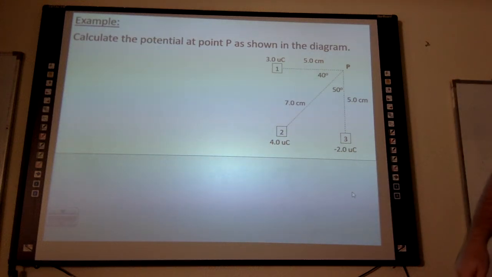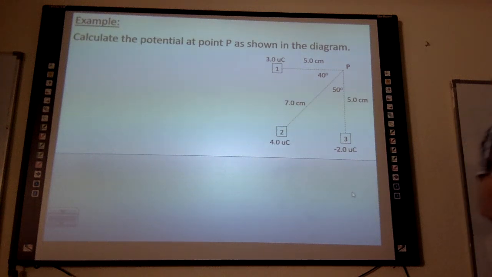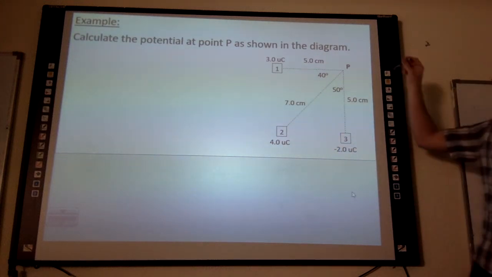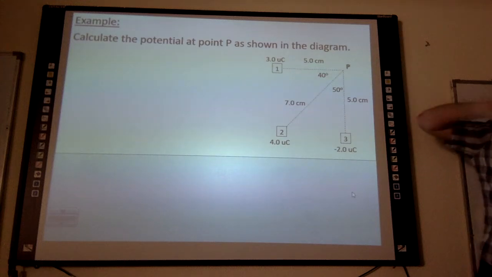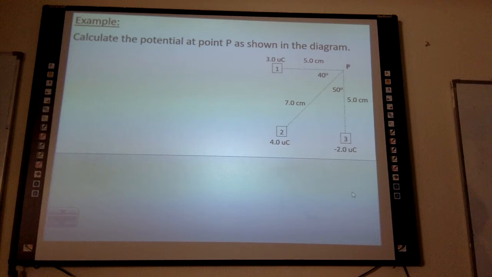Given this, always triangles, yep. Here is our diagram. I've got 3 charges, and I want to know what is the potential at point P. This is like asking what's the electric field strength, except now we're dealing with potential. The nice thing is, as I said before, electric potential is a scalar.